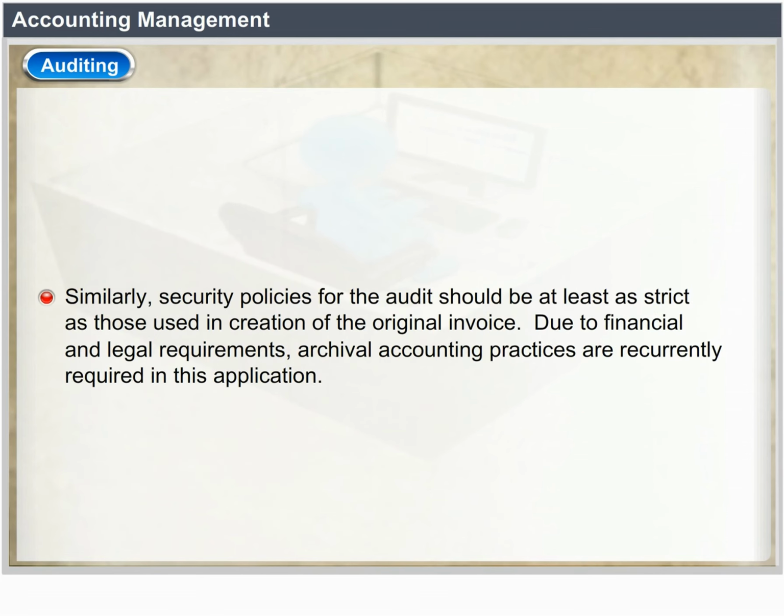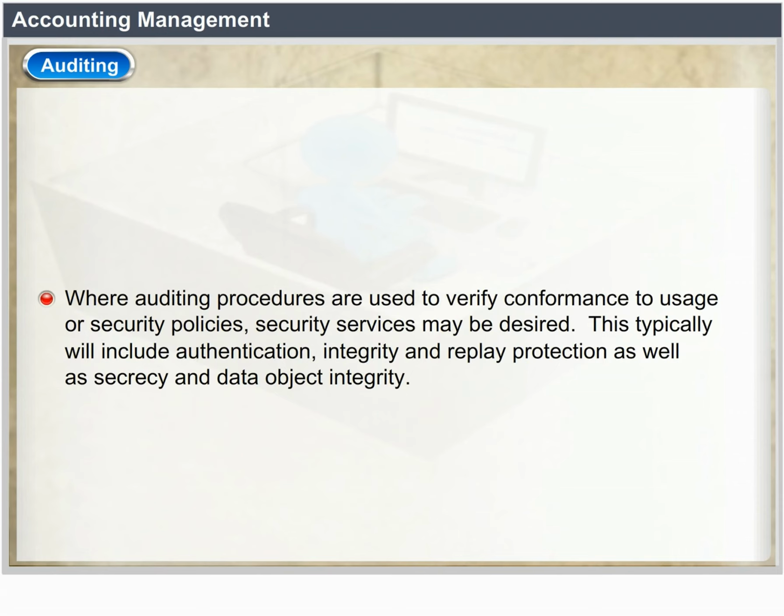Similarly, security policies for the audit should be at least as strict as those used in preparation of the original invoice. Due to financial and legal requirements, archival accounting practices are frequently required in this application. Where auditing procedures are used to verify conformance to usage or security policies, security services may be desired.